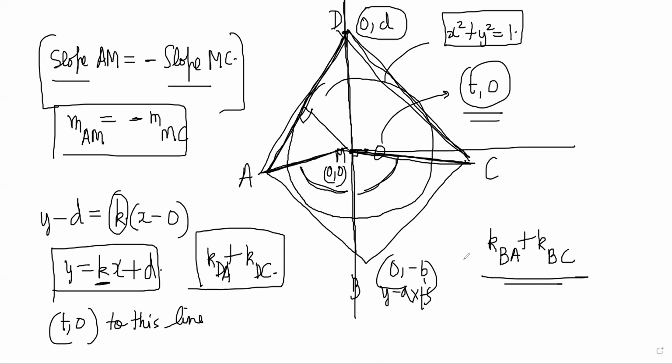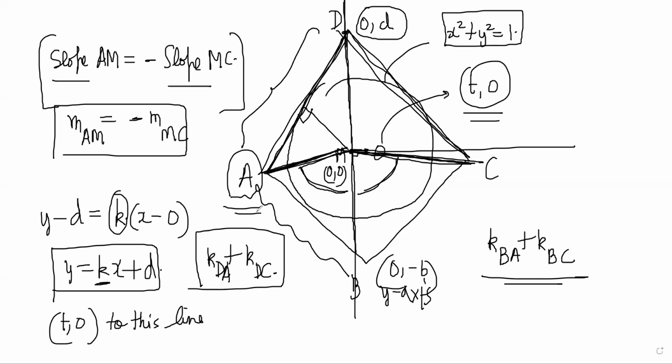Once you know these two things, all you need to find is the slope of AM and the slope of MC, right? How do we find the points A and C? That is simple. Take this line equation and this line equation and solve these two for the coordinates of A, right? It will come in terms of b and d and the slopes.